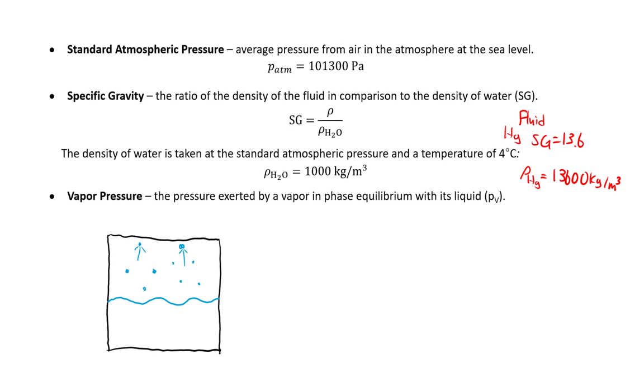But it's still something important to keep in the back of your mind. It basically says that if I have a container here, let's say this container has water, and we know that liquid water can evaporate into small gas water vapor molecules, then the pressure exerted by these gas molecules is basically the vapor pressure.